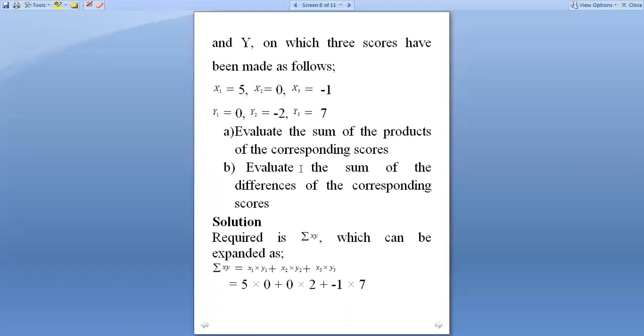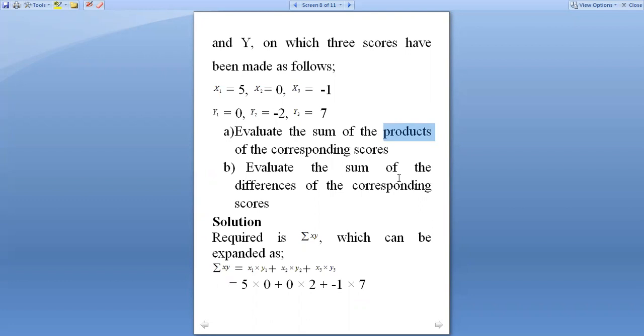Now, for expression number one, where they say evaluate the sum of the products: a product in mathematics means multiplication. So they are telling you to multiply the corresponding observations, then add.